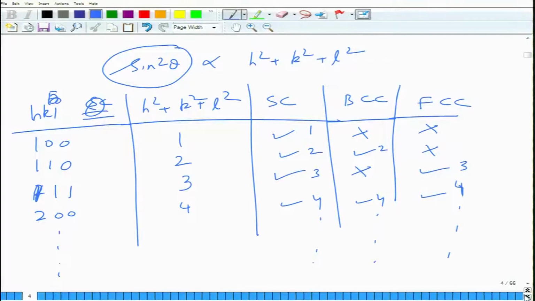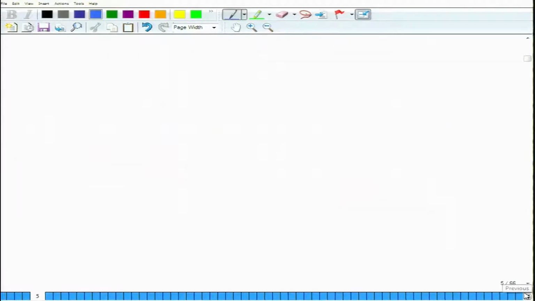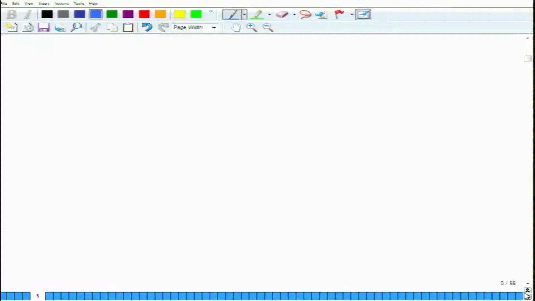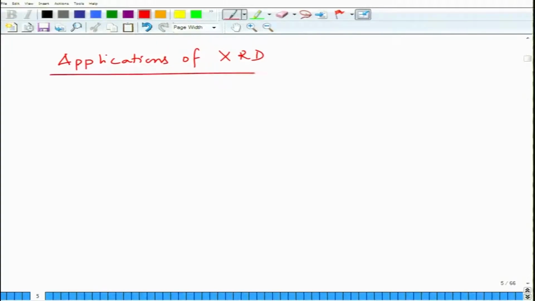Now, in this lecture what I want to talk to you about is the use of X-ray diffraction, what kind of structural characterization one can do using it. So we are looking at applications of X-ray diffraction. First, you can use it for phase identification.